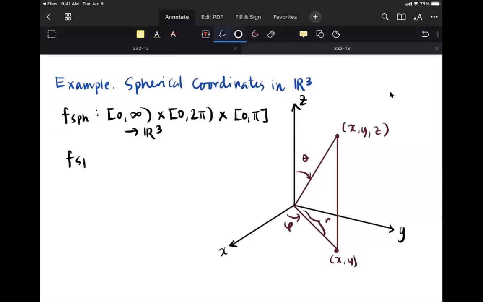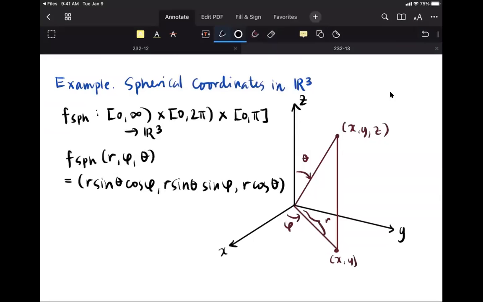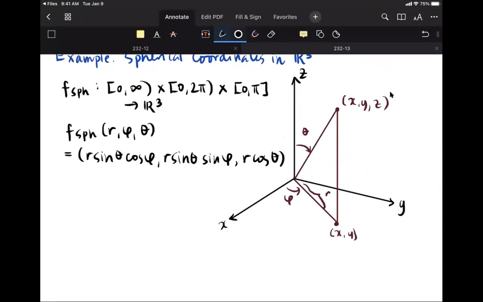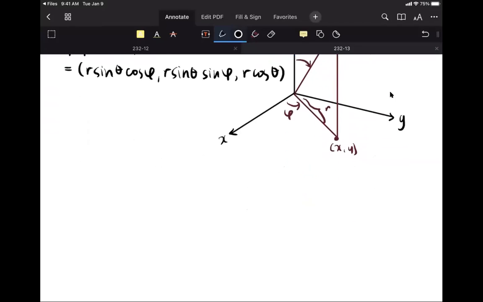And the change of variables would be as follows: r sine theta cosine phi, r sine theta sine phi, and then r cosine theta. And you can take the Jacobi determinant.